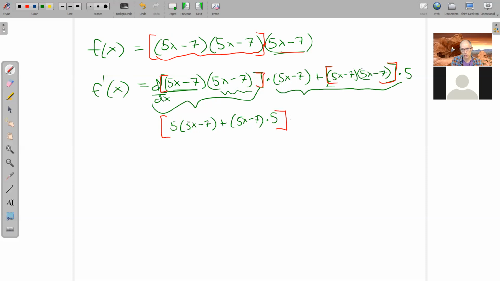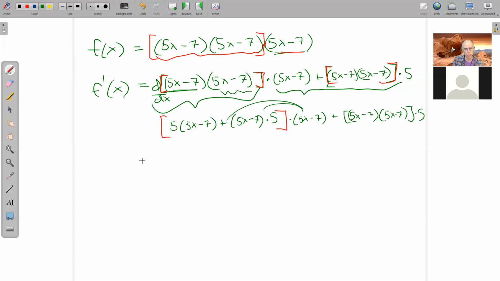So that red parentheses is times 5x minus 7 plus 5x minus 7 times 5. And I have a few more extra parentheses that I need. I don't need the square brackets here, I just put them in there for emphasis, but I do need the red ones here because I have to distribute this 5x minus 7 through there.